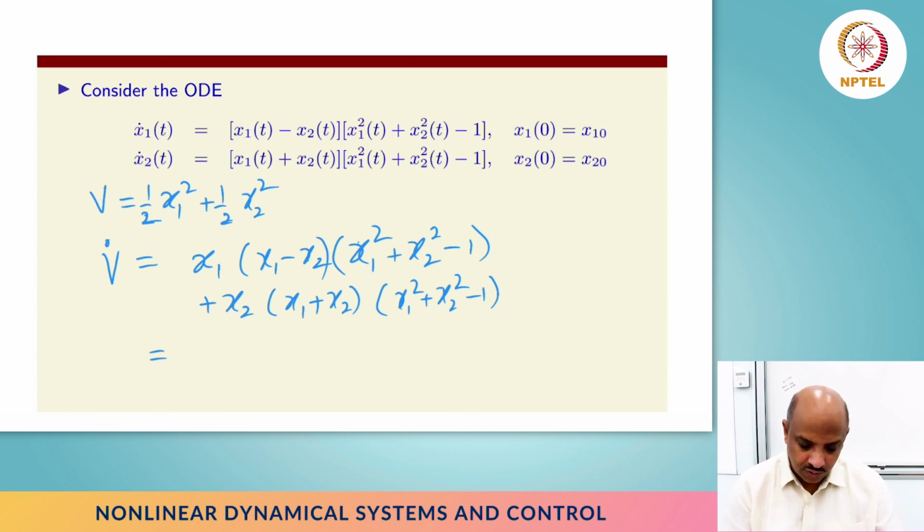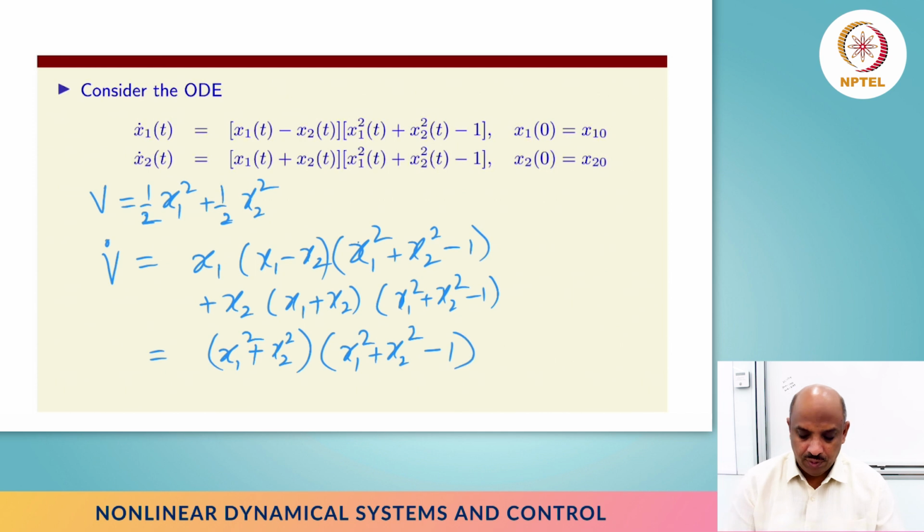You can clearly see the first one will give you x1 times x1, which is x1 squared, then the second term is going to be minus x1 times x2, which will get cancelled with this cross term here, and then eventually I'll end up with something like x1 squared plus x2 squared times x1 squared plus x2 squared minus 1. Okay. It turns out this is going to be equal to v times (v minus 1).